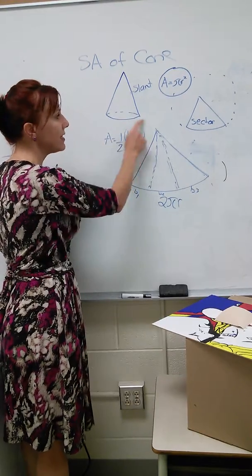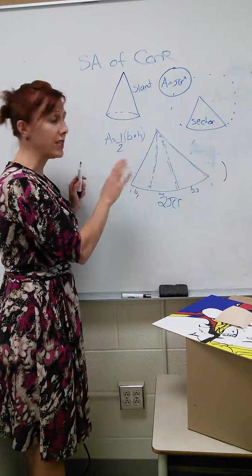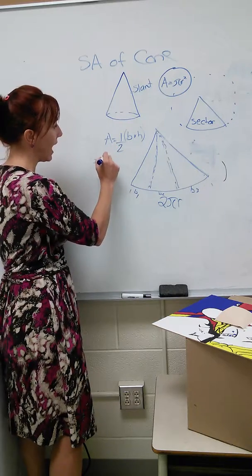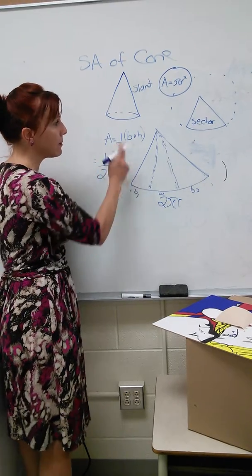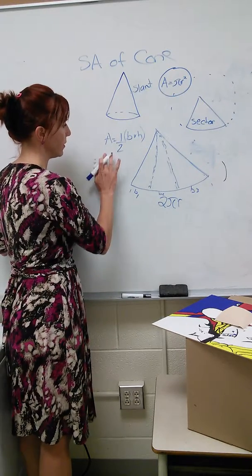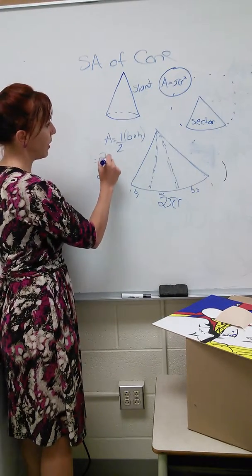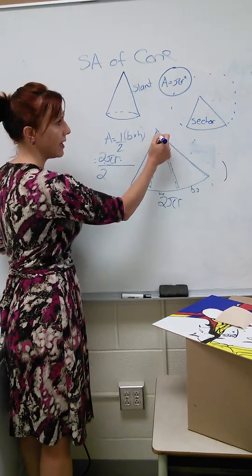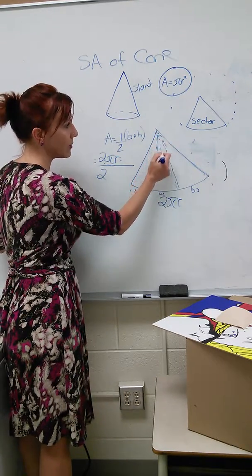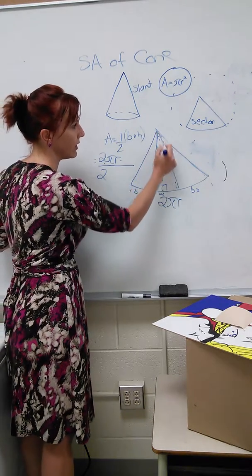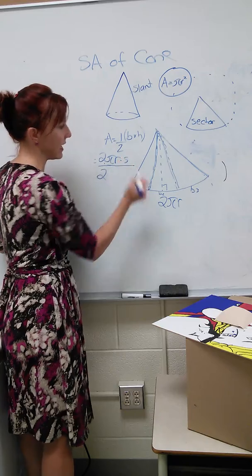Using this formula, area would equal half times my base, which would be 2 pi r, times my height, which depends on whichever triangle I use. If we're using this triangle here, it would be my slant.